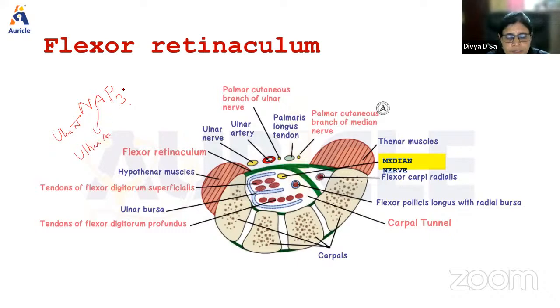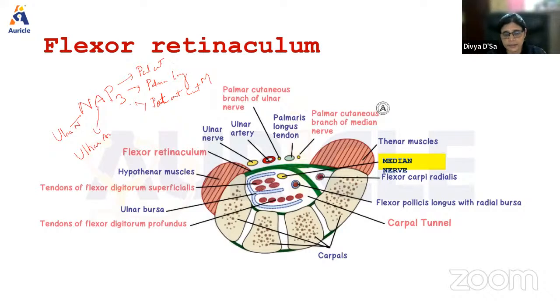And the three P's are: one is the palmar cutaneous branch of the ulnar nerve, another P is the palmaris longus tendon, and the other P is the palmar cutaneous branch of the median nerve. So those are the three. So NAP3 you can mention.